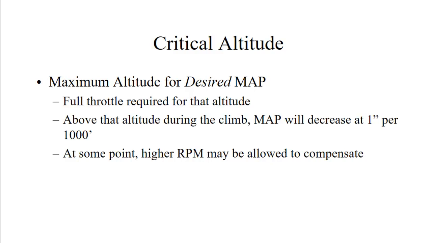For cruise, you'll get up even higher. In some aircraft, once you reach certain altitudes, because they know you just can't get manifold pressure up there, they'll allow you to run the RPM a little bit higher than the green arc in order to get a reasonable amount of power out of the engine for the climb. But it doesn't hurt the engine because you're running at a higher RPM, but by then your manifold pressure is very low.